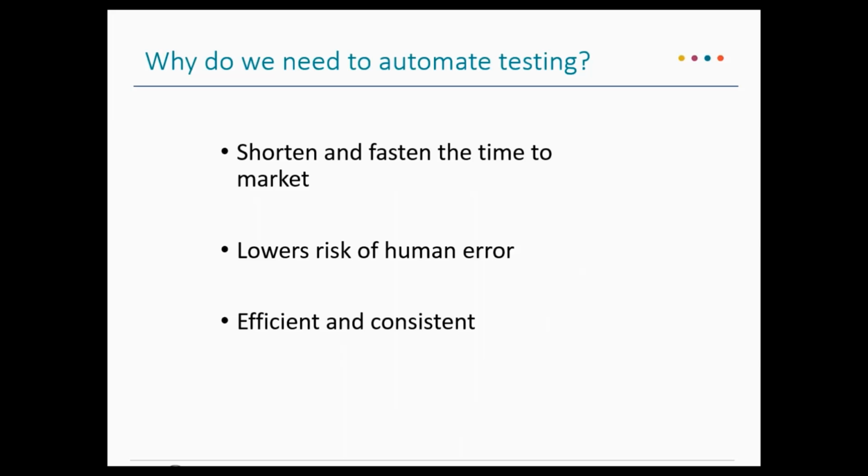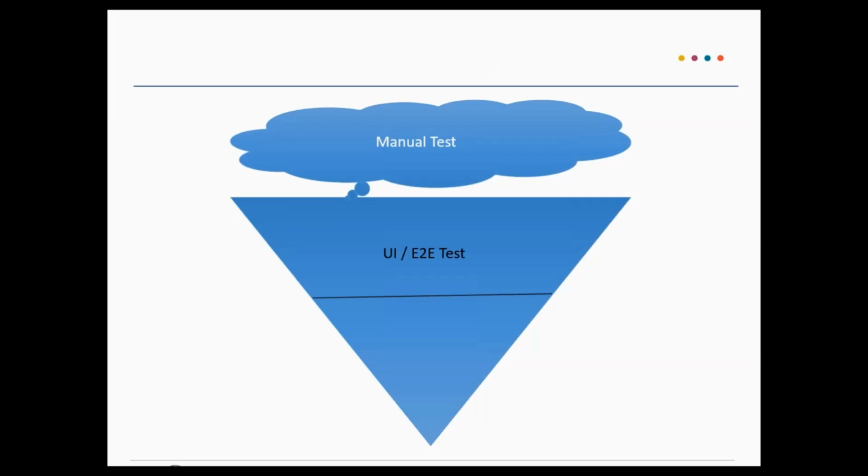Efficiency, consistency and lower risk of human error will always be there, but the shorten and fasten part will not. It will always take a lot of time to execute the entire test suite, and the developer has to wait to get the feedback at the end when the end-to-end test cases have been automated.